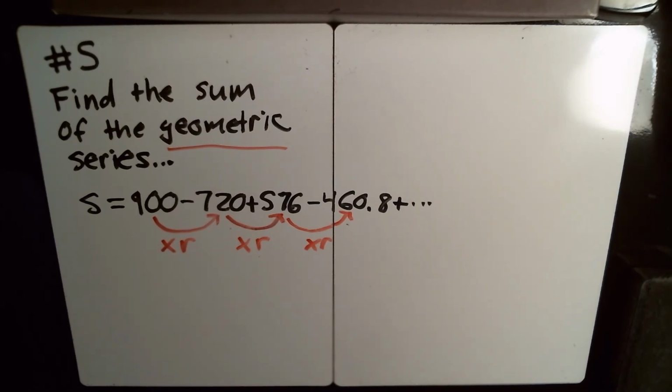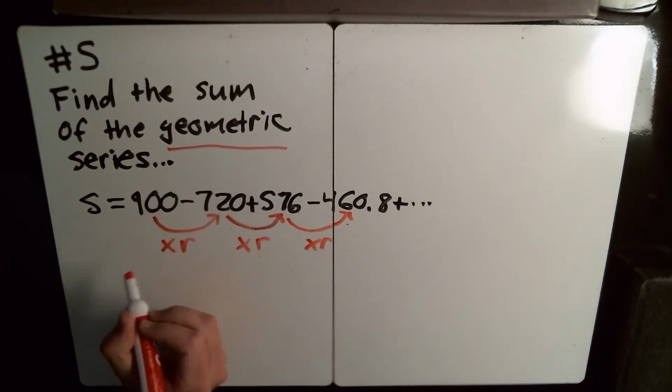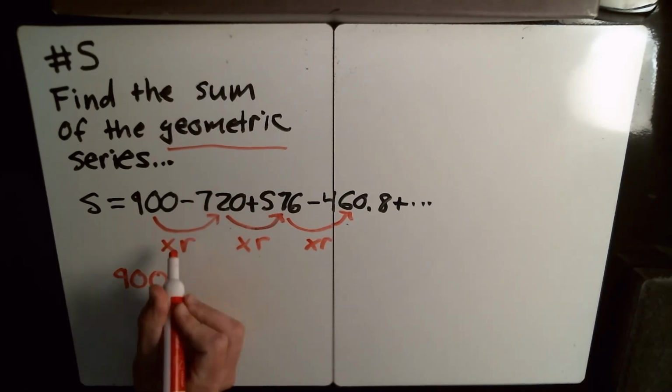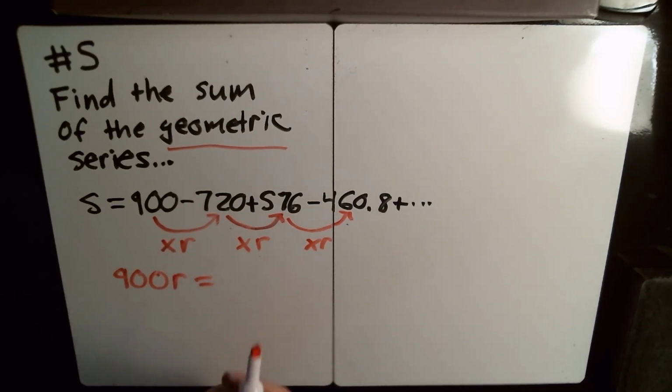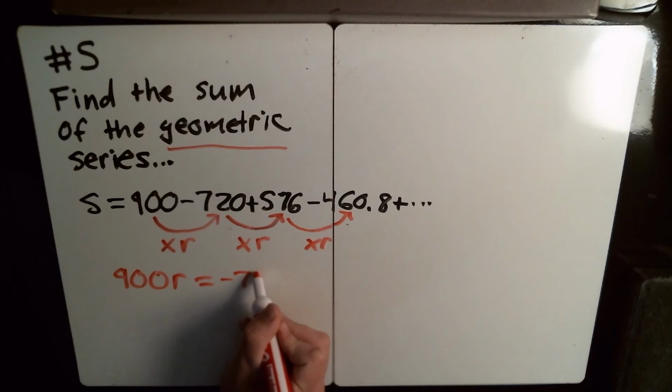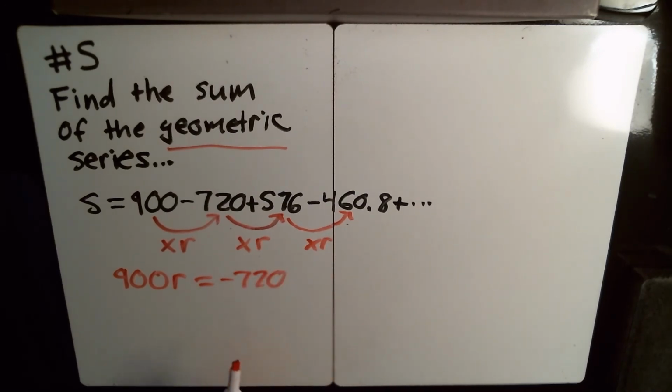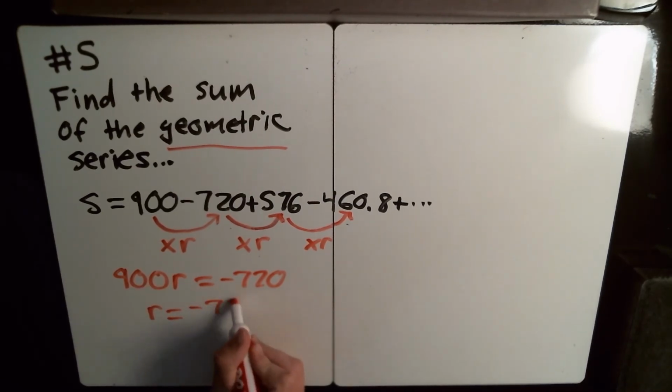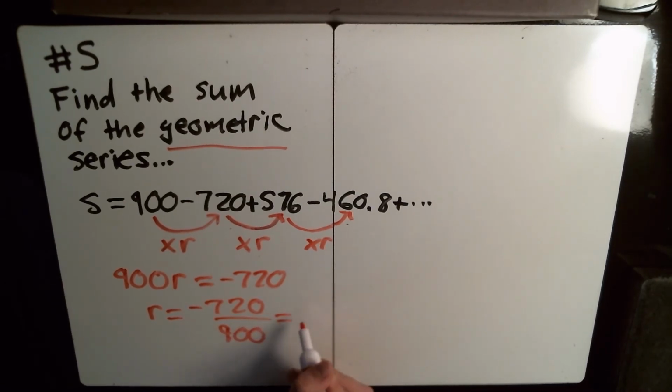Well, when I take 900 and I times it by r, I should get negative 720. So what would r need to be? I can just divide both sides by 900, and this would be negative 0.8, I believe.